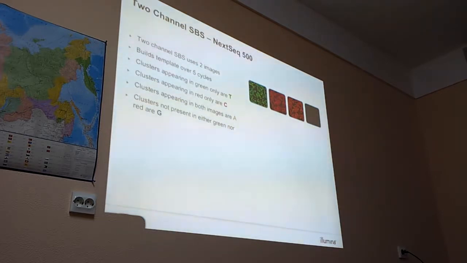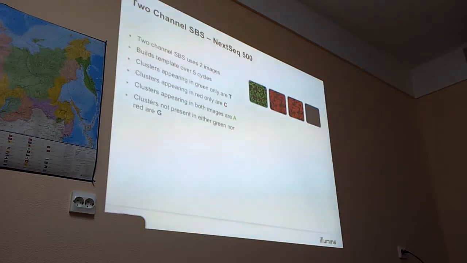But the problem comes if you have a really longer stretch. If it's maybe 12 A's, then distinguishing between 12 and 13 is difficult. The Illumina system always incorporates only 1 in one cycle, so there you don't have this problem.